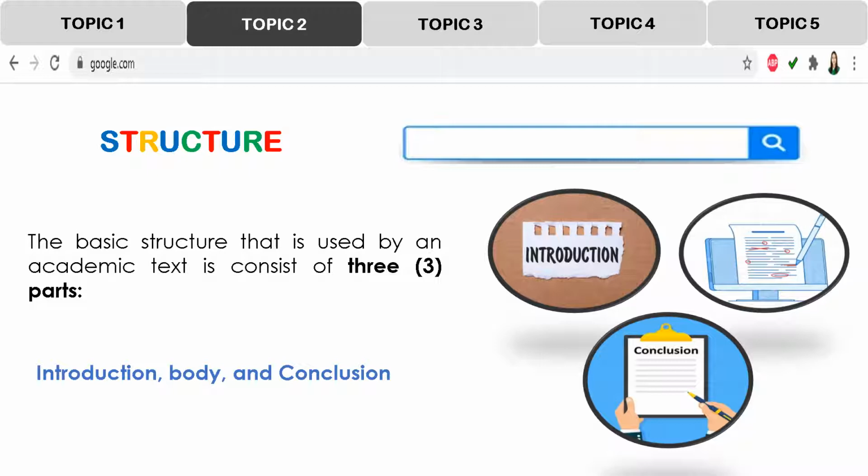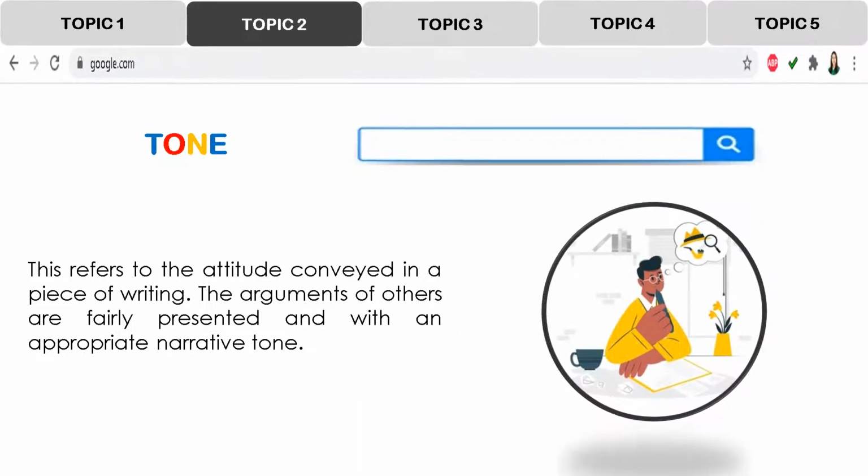These parts are the introduction, body, and conclusion. The introductory part of an academic text gives its readers the background of what the topic is all about. The body is where the main discussion is provided, and the conclusion summarizes what was discussed in the body of the text.